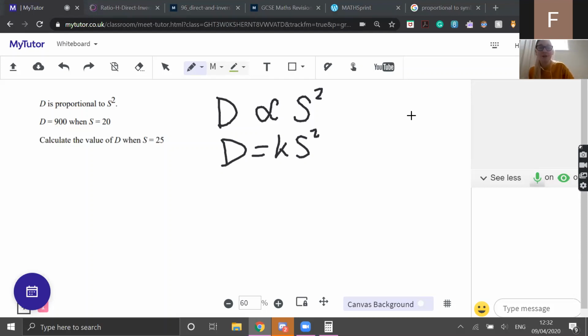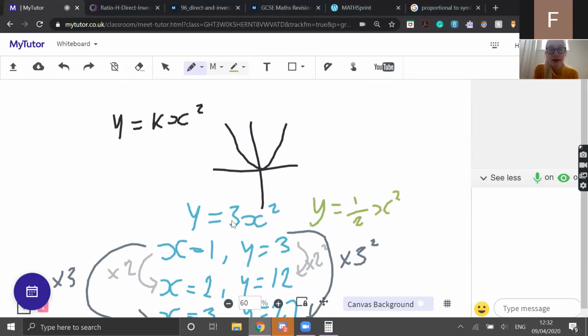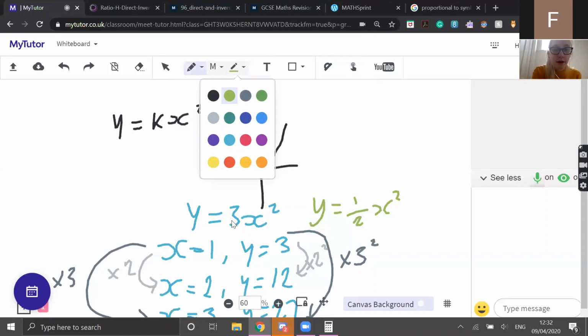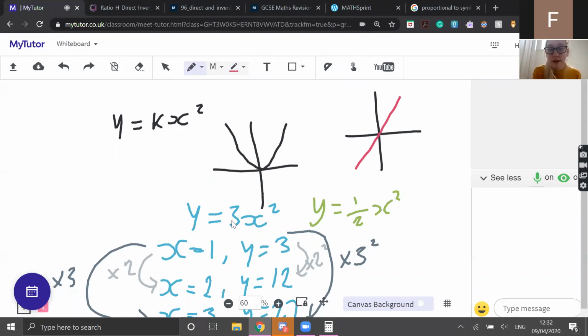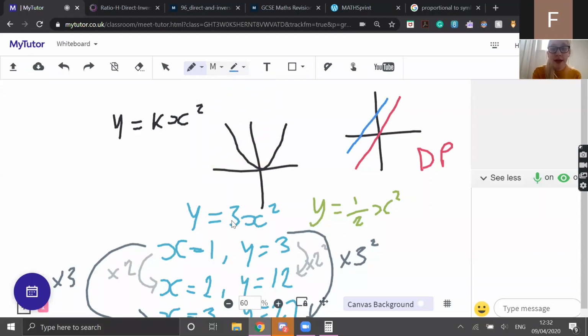And someone said, how do you know if it's directly or indirectly proportional? That means, does the line go through the origin? That's a really good question, actually. In this case, it's directly proportional. Directly proportional just means that if one is 0, the other is 0. So if we have a relationship like this, that's directly proportional. If we have a relationship like this, that's indirectly proportional.